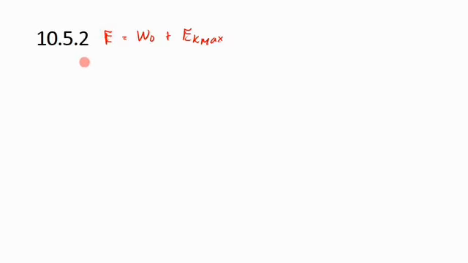So if we break down the E here, this is h times f, the frequency that we are looking for. But you will remember that from 10.5.1 we had already calculated the work function, right? So we have 1.16 times 10 to the exponent of negative 18. And then what is our EK?